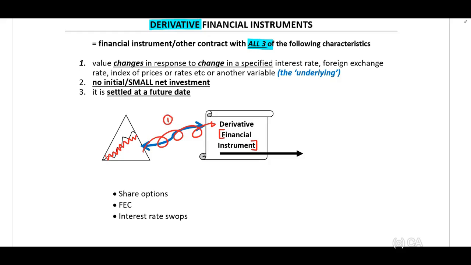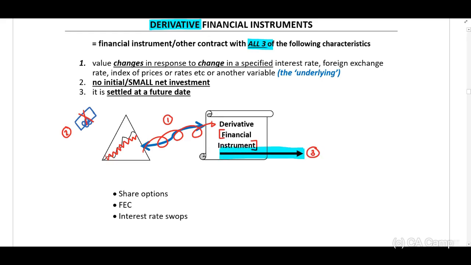Our second characteristic, there does not have to be an initial investment. Therefore, guys, what does this mean? There does not have to be an initial cash inflow for this to be a derivative financial instrument. And our third characteristic, this will be settled at a future date.